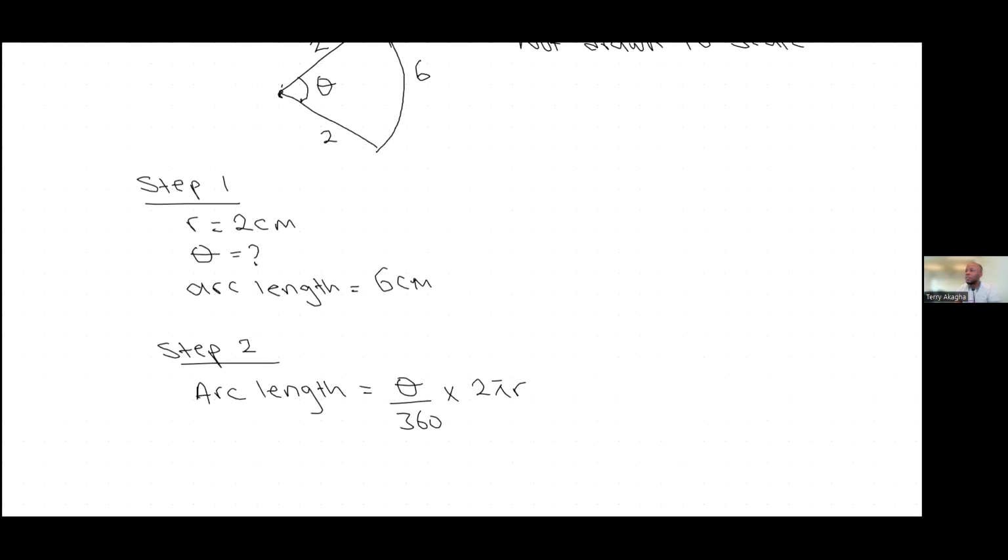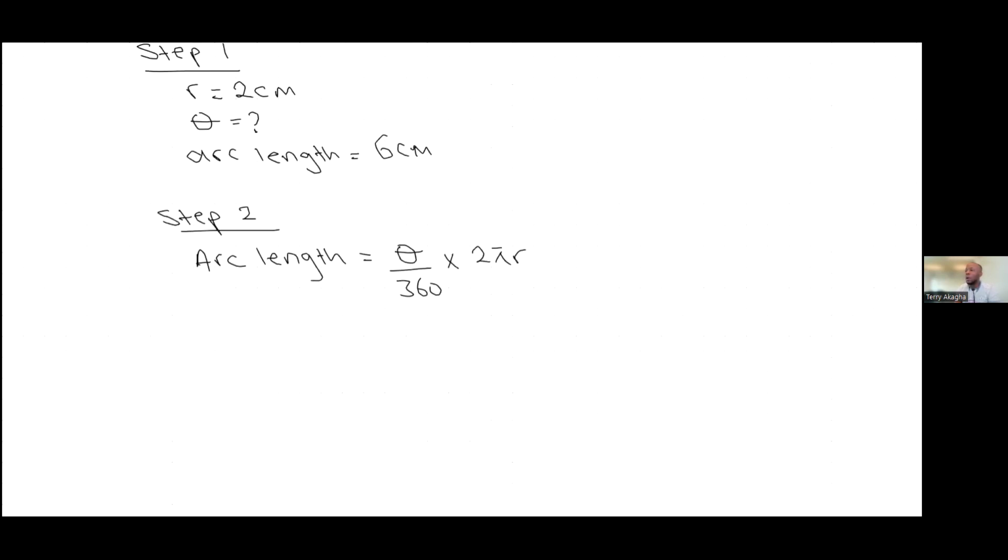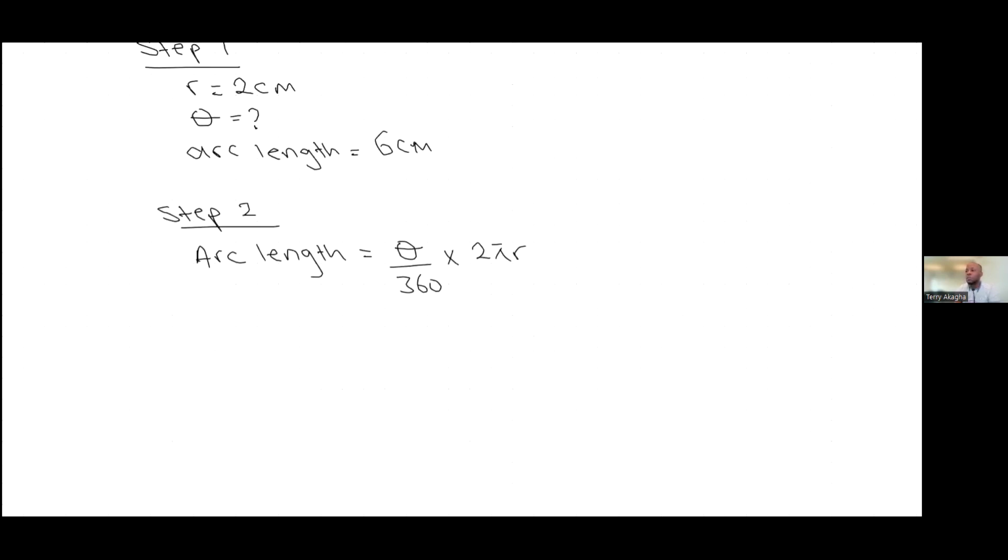So I'm going to multiply both sides by 360 degrees. Or, if you prefer, you can substitute first and then make theta the subject. Or you make theta the subject, then you substitute. Depending on which one you want, we can just make theta the subject straight up.